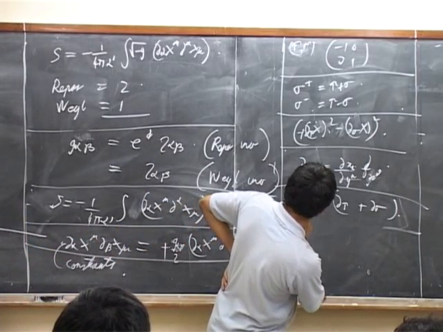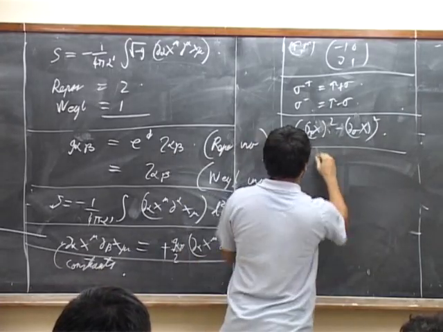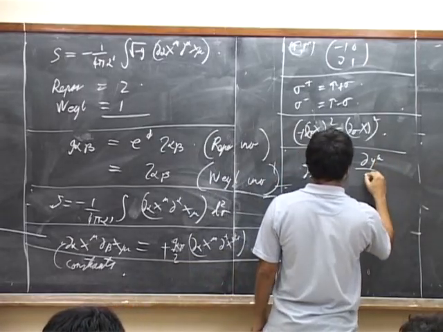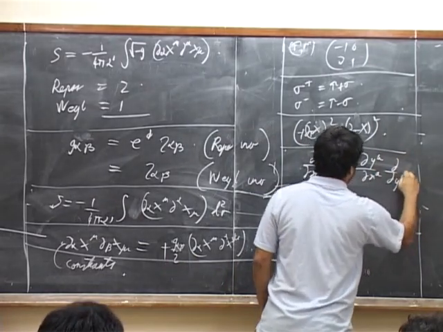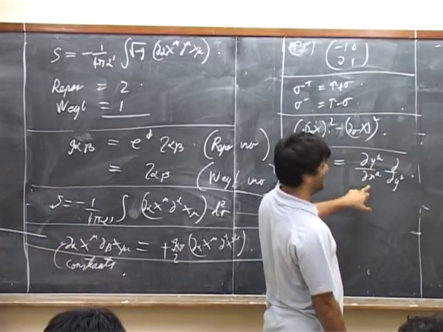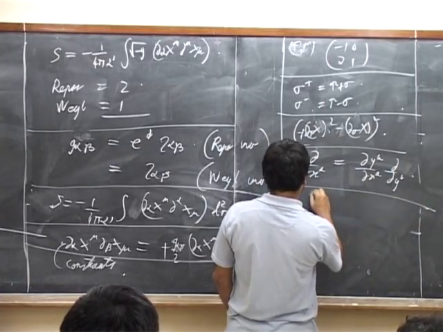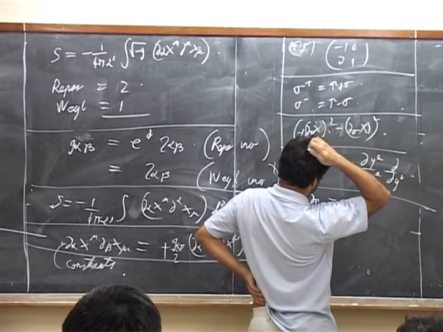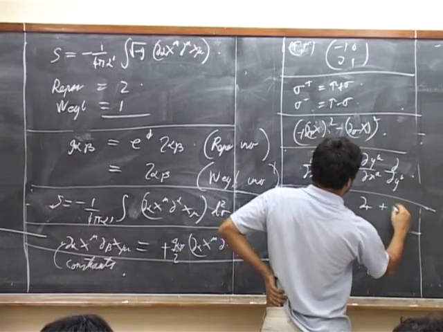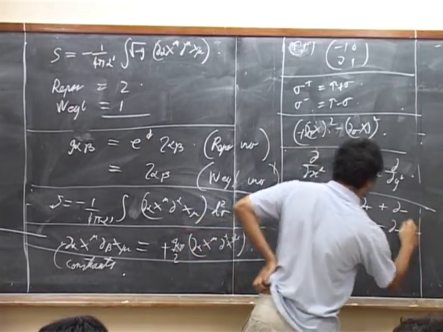Let's use the chain rule. Let's choose our y's to be sigma plus and sigma minus, and our x's to be tau and sigma. So we have del tau is equal to del plus plus del minus, and del sigma is equal to del plus minus del minus.